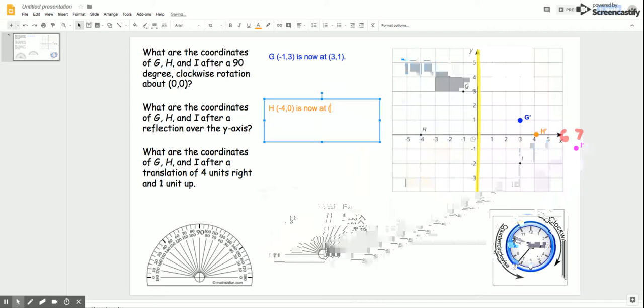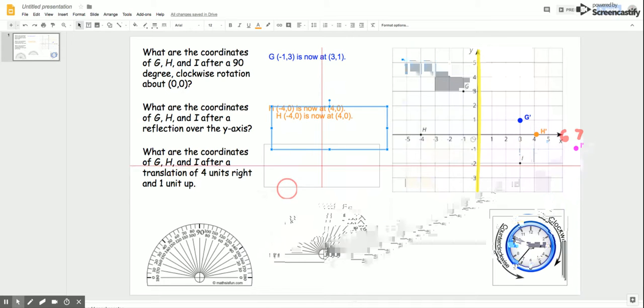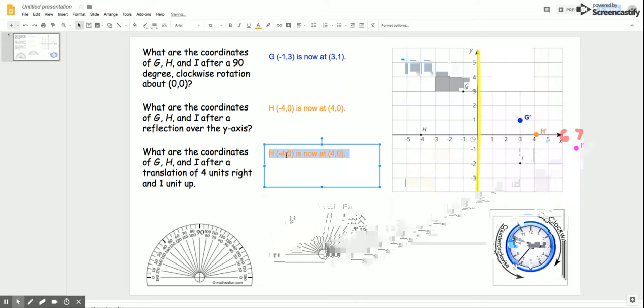And we reflected it over the y-axis. So it's at (4, 0). And let's go ahead and do I. And I is in pink. Okay. So I was at, let's see, (3, -2). Is now, after being translated 4 units to the right, 7, and 1 unit up, -1.